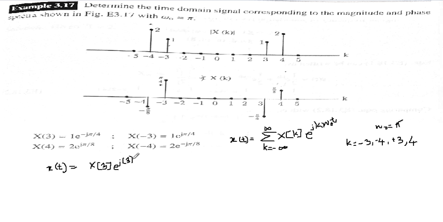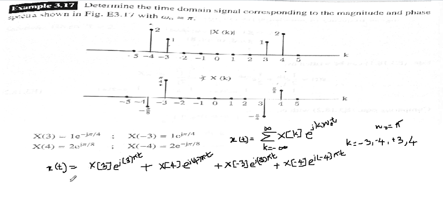So let's write this: X of 3 e raised to j 3 pi t. The values become X of 4 e raised to j 4 pi t, X of -3 e raised to j -3 pi t, because only at these places it is existing, and X of -4 e raised to j -4 pi t. Now let's substitute the values of X of 3, X of 4 from this.